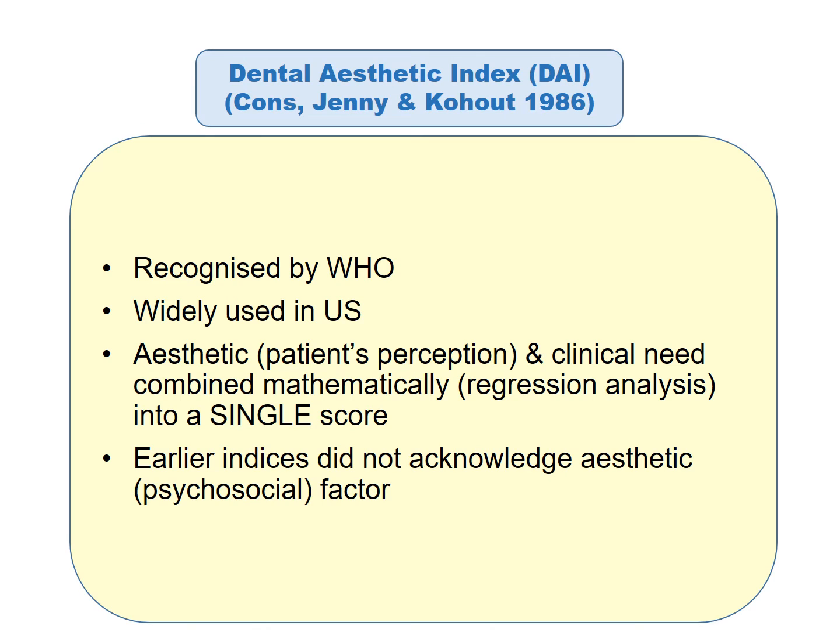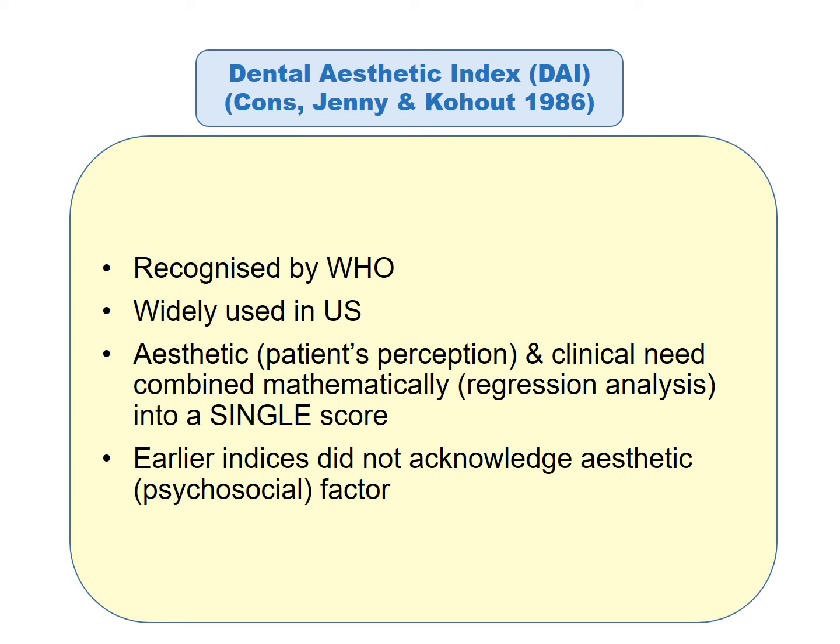Now the next index is the Dental Aesthetic Index, DAI, introduced by Cons, Jenny and cohort in 1986. This index is recognized by the WHO and is widely used in the United States.